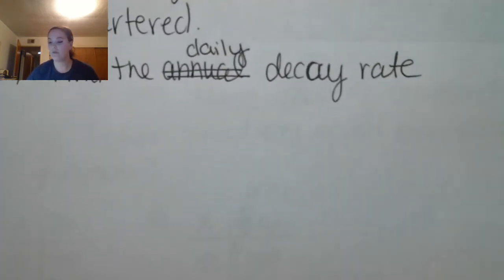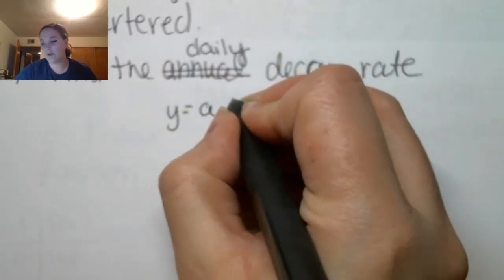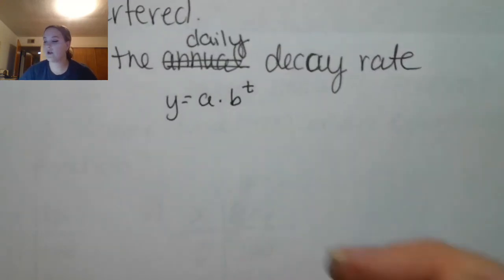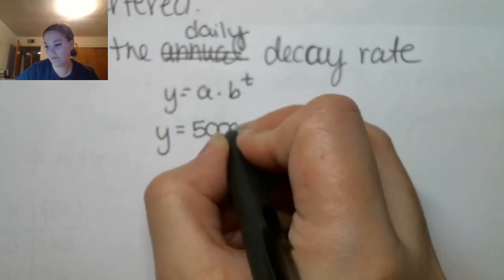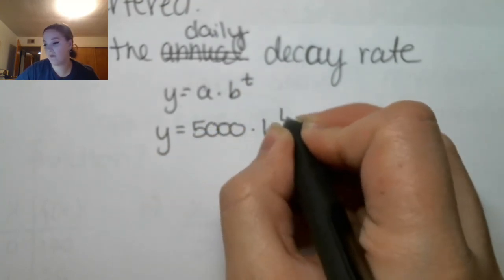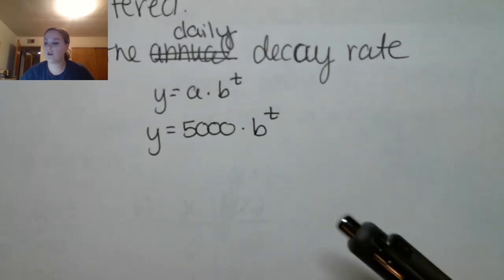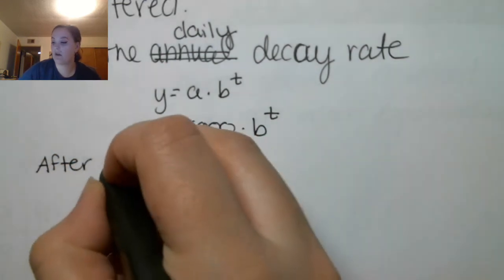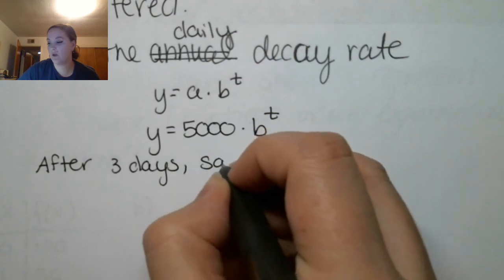Okay. So we know that we're going to have the general format A times B to the T. And we know that our initial amount is 5,000. Now the only other thing we know is that after 3 days, sales are quartered.